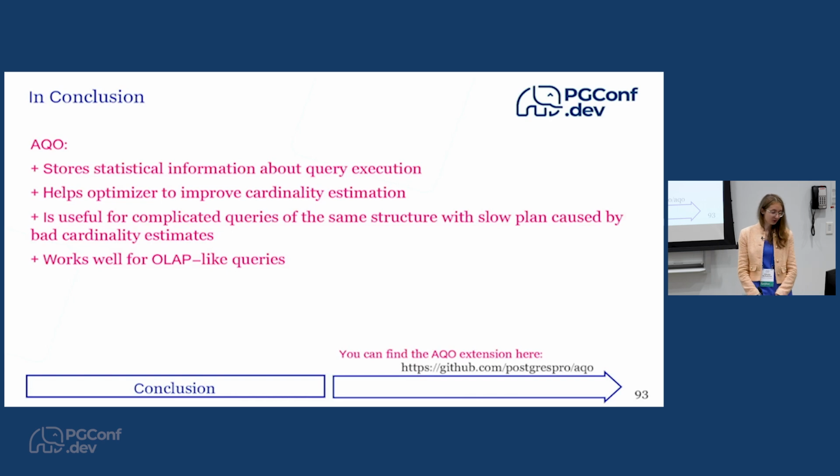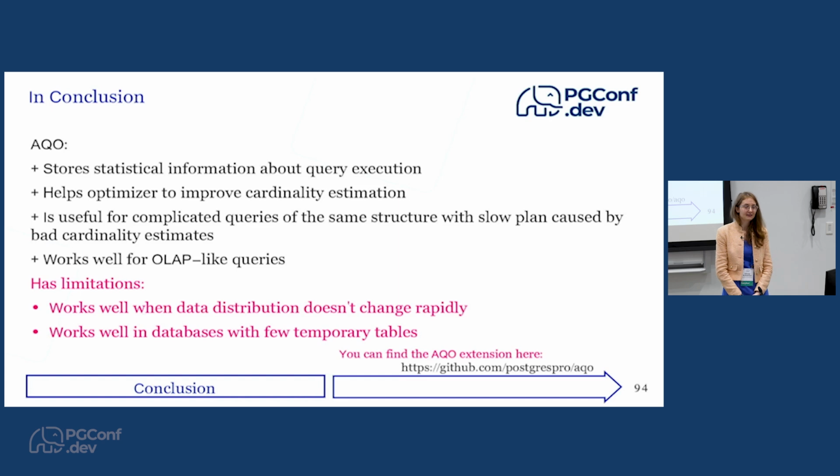In conclusion, QO stores statistical information about execution time, and it improves cardinality estimation, and it might be helpful to the optimizer to search for a more optimal plan. And it is useful for complicated queries with the same structure and for lab-like queries.